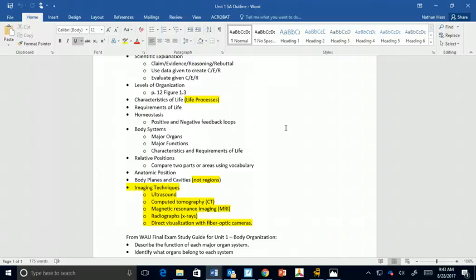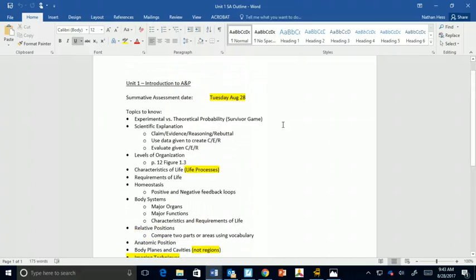Yes, ma'am. Do you want us to know the experimental versus theoretical part? Experimental versus theoretical we talked a bit about on Friday. I just want you to understand the difference between them. Experimental is what we actually tested, right? We pulled the chips, we calculated a number based on the actual people that were present, how probable it was you'd survive.